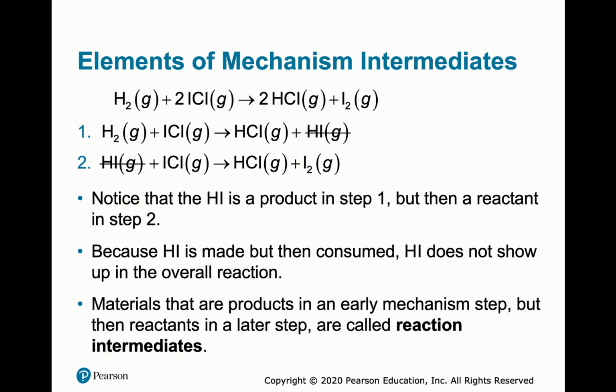So it's not in the overall reaction. So that hydrogen iodide is, like I said before, called an intermediate. There are other types of intermediates. You can have intermediates in terms of catalysis, like with enzymes or different types of things that happen on surfaces, but we'll talk about that later. This is also a homogeneous phase intermediate. Everything here is a gas, it's all the same phase.